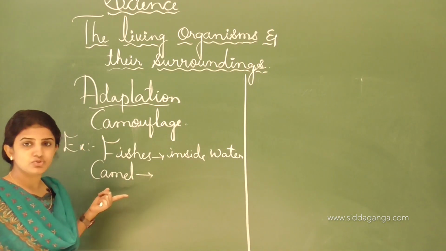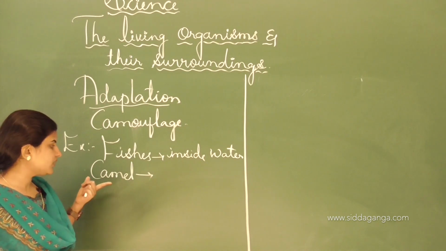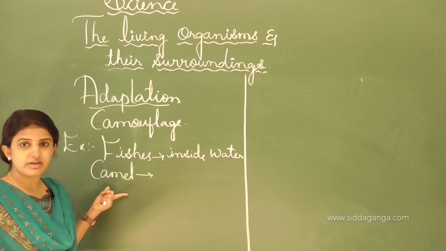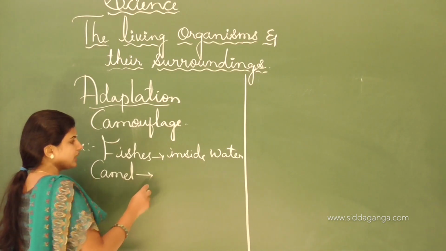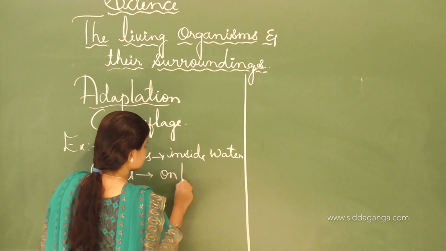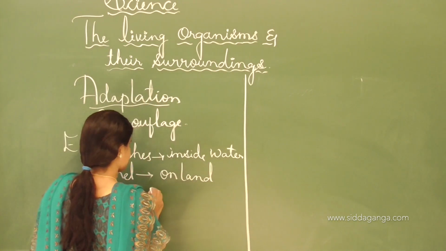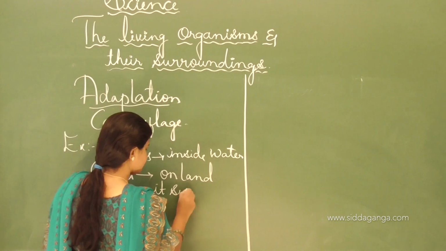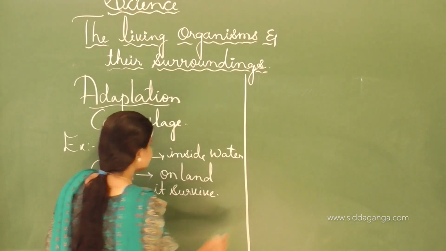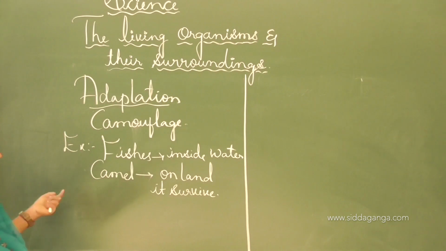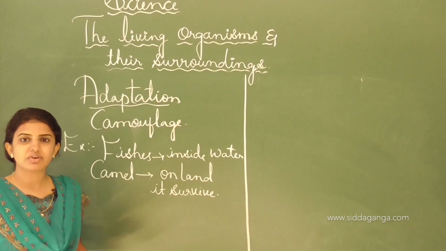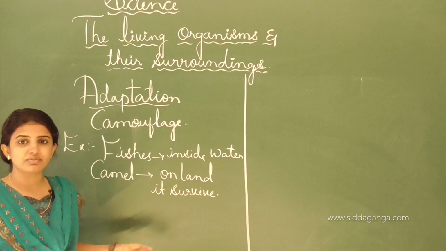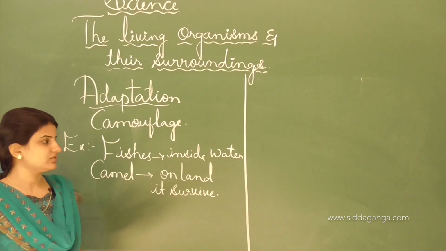In desert conditions on land, it will survive. See, this is how we can say that adaptation plays an important role in the survival of different organisms or different living creatures.